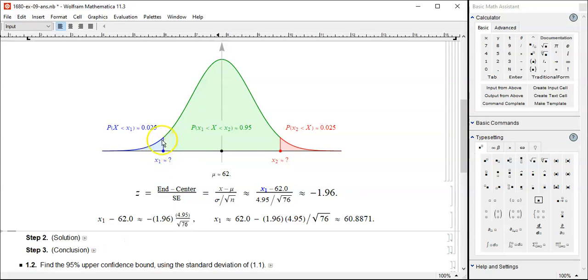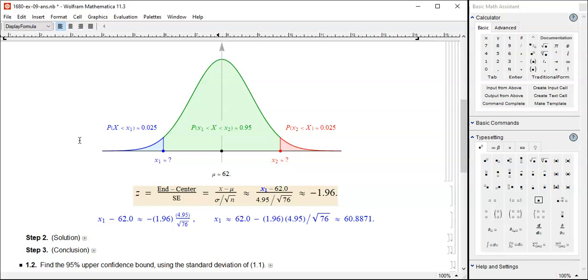Because we want an interval, I'm going to start from here and then end over there. Let's look for x2. How do we find out? We can go all the way back here and find the z-score associated with 97.5%, because 95% here, 2.5% here, so add them up, 97.5%. And then do everything, but who has time for that?